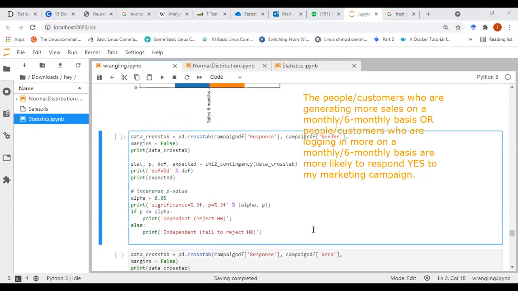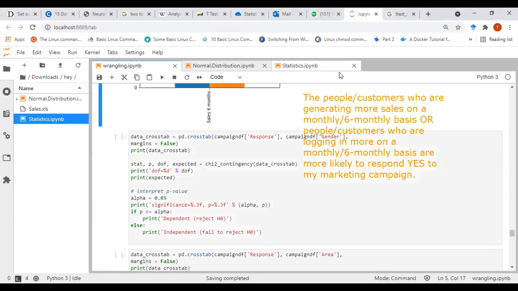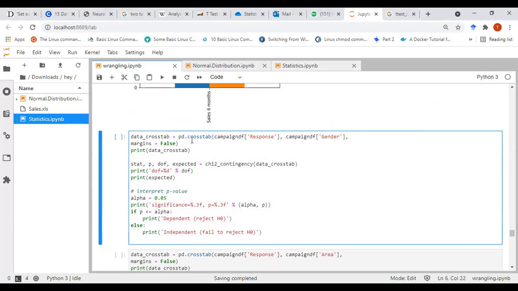Okay, sir. Thank you. Okay, so now I have this cross tab, and cross tab is a very useful function. I can do a cross tab between response and gender, and then I conduct this test, because I told you that there's a test which is done between two string variables.